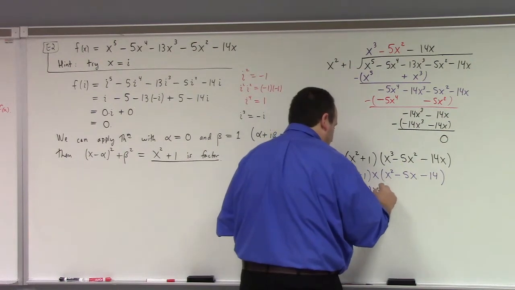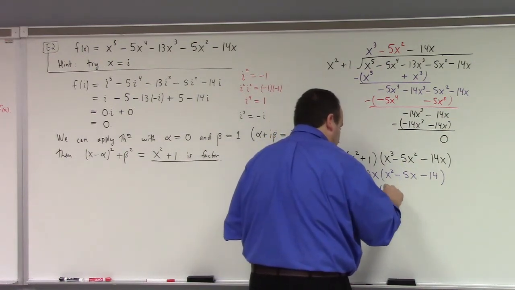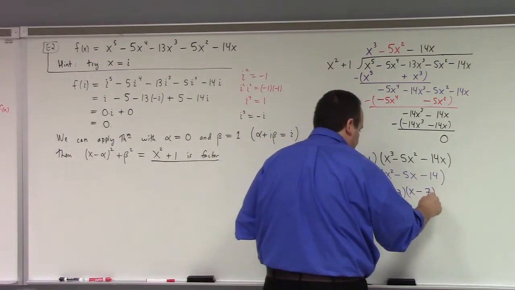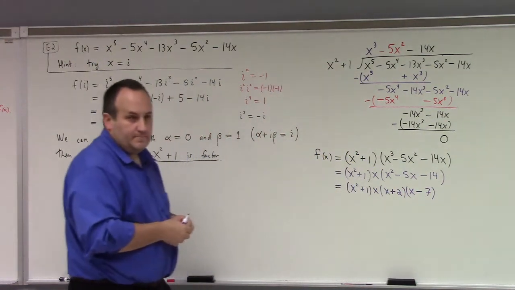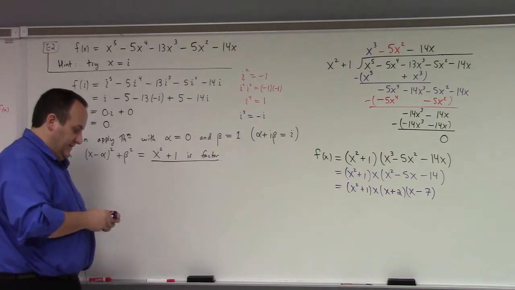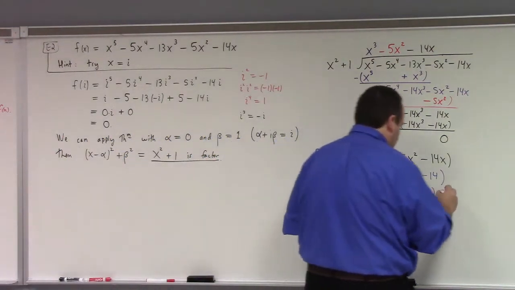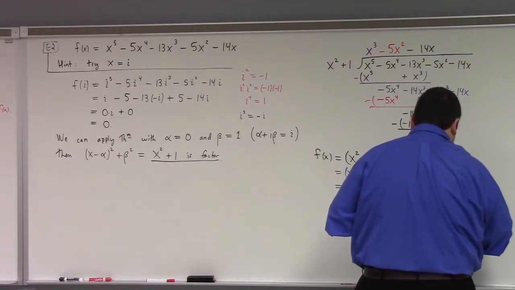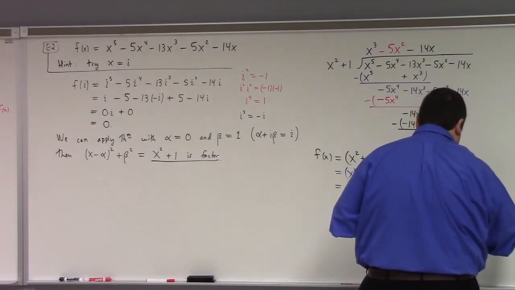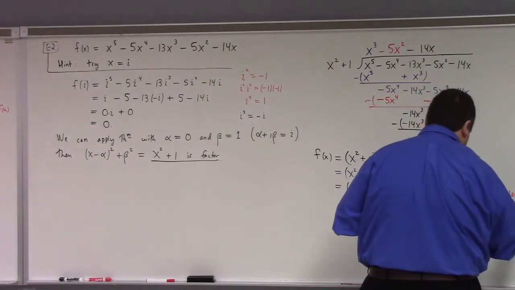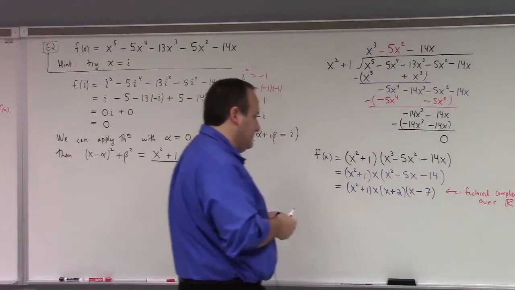So I think we can do x plus 2 times x minus 7, like that. So this would be factored completely over the real numbers, right?